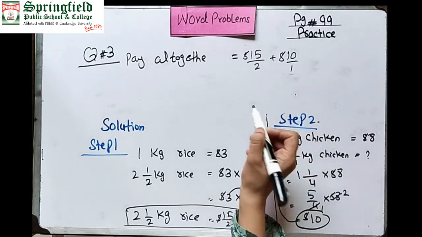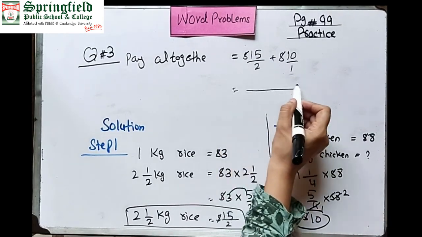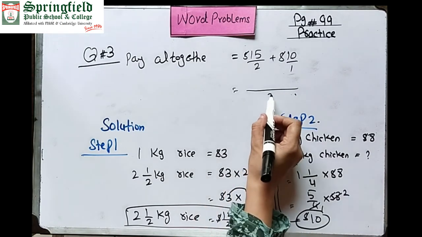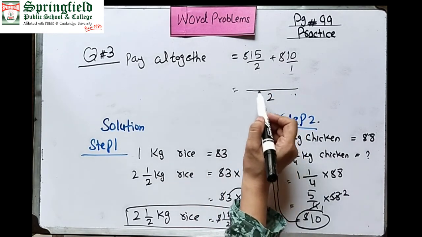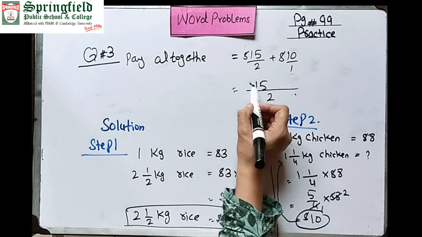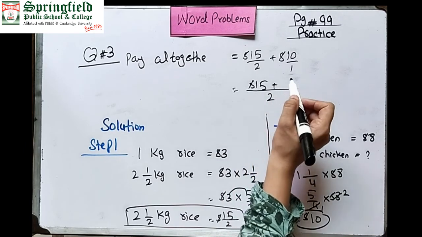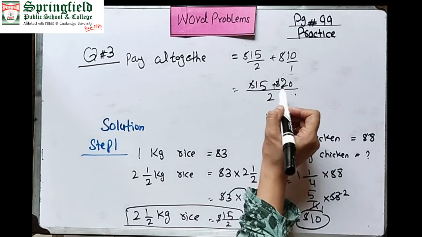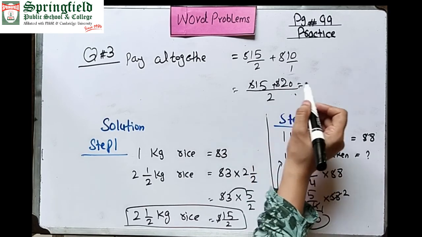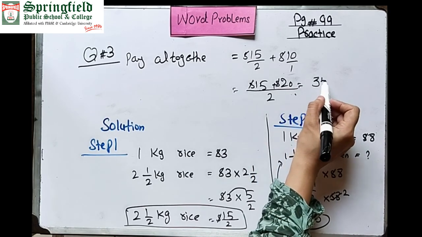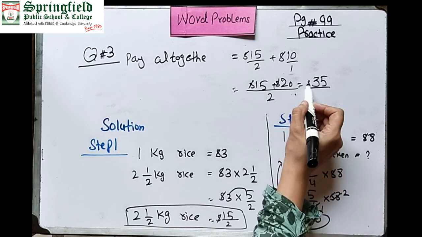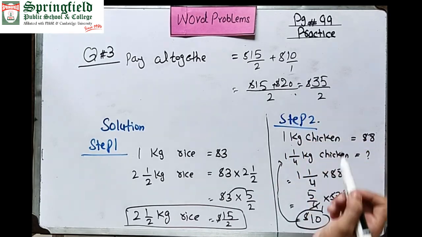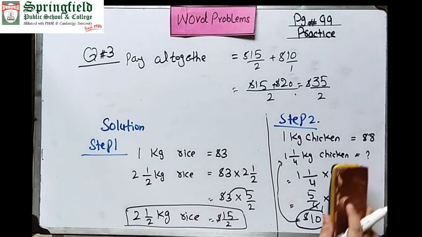So write down here 15/2 and then 10/1. The LCM is 2. 2 divided by 2 is 1, multiplied by 15, 15, plus 2 divided by 1 is 2, 2 multiplied by 10, 20. 20 plus 15, 35 divided by 2.